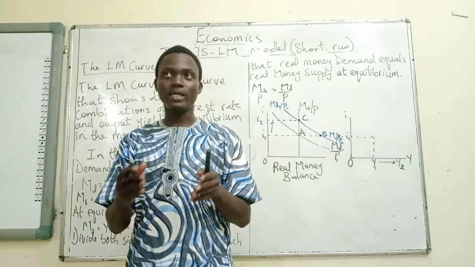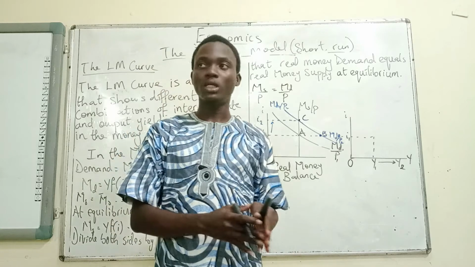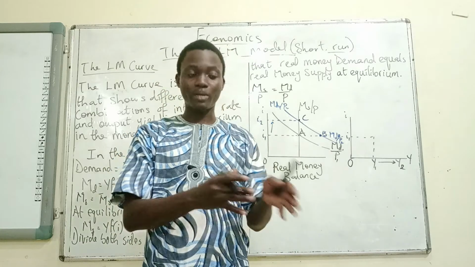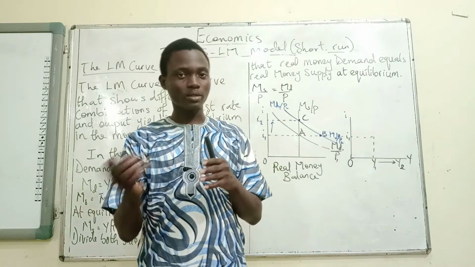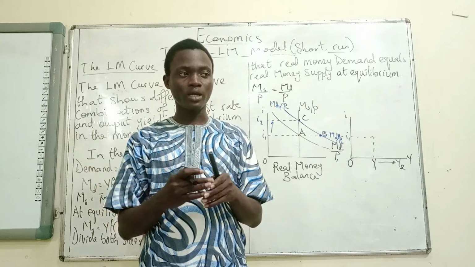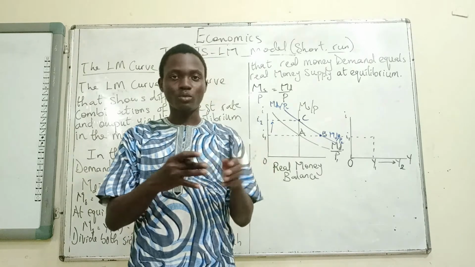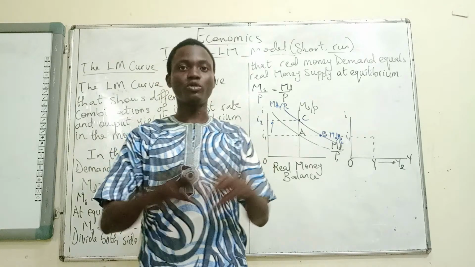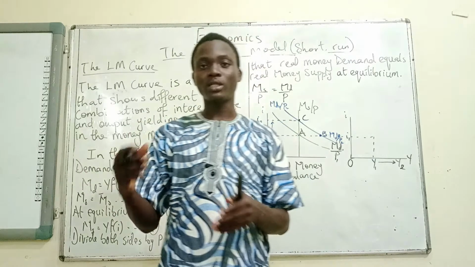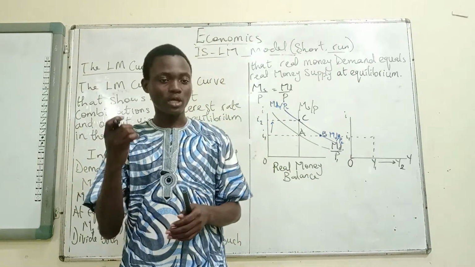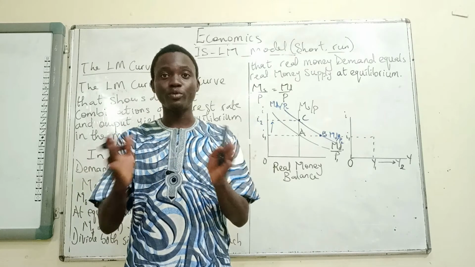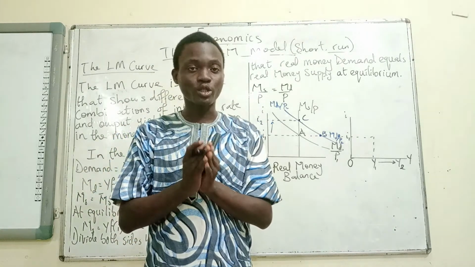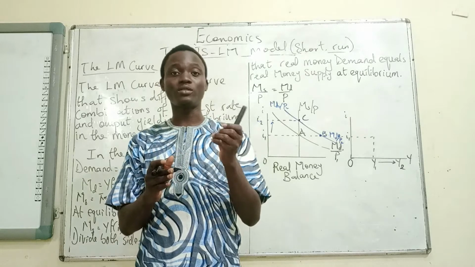If people decide to separate a part of their money for precautionary demands in the future, and there is an increase in interest rate, people won't separate as much as they would have wished to. So all of these things work together, and at the end of the day, the economy is brought back to its initial equilibrium, just at a higher interest rate.